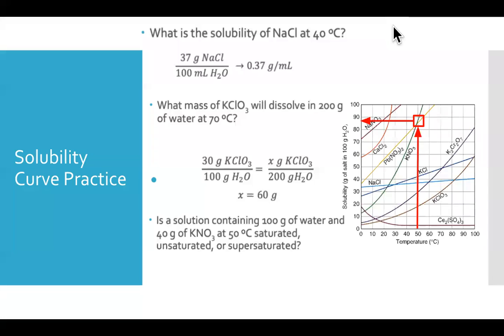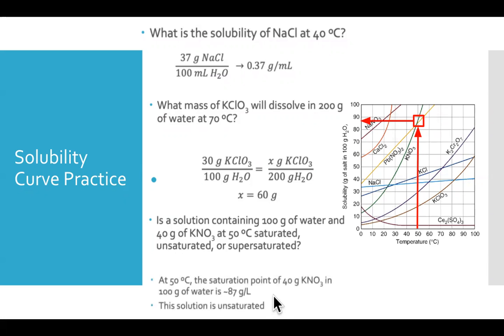So that's telling me if I can dissolve up to 87 grams at 50 degrees Celsius, then if I only put 40 grams, then that's going to be an unsaturated solution, because as I've just written down, at 50 degrees Celsius, the saturation point is 87 grams per liter. And therefore, this is less than that, and the solution is unsaturated.